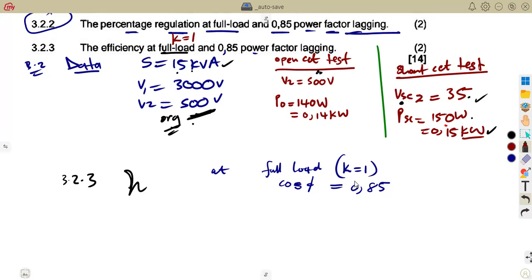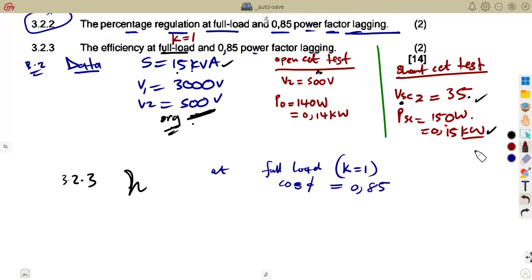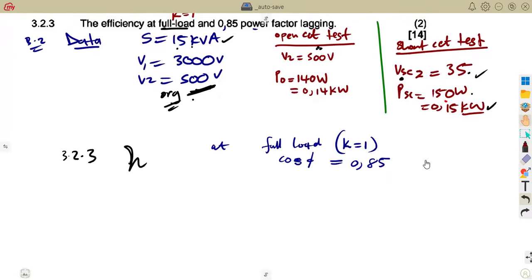At full load, you just know your case one, then you substitute everything into the original formula, the one for efficiency at any load. Just simple like that.